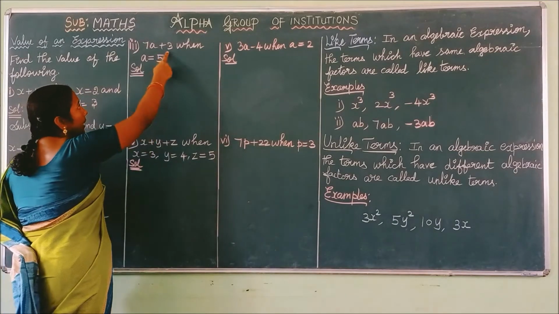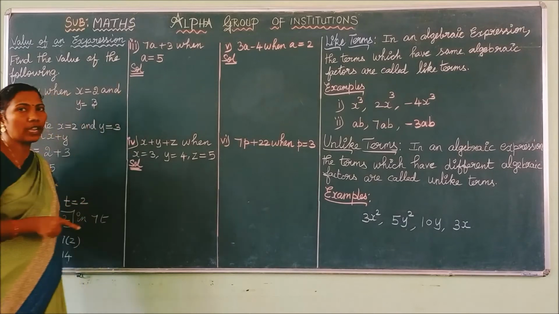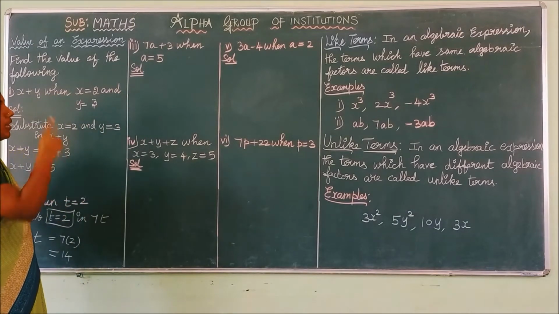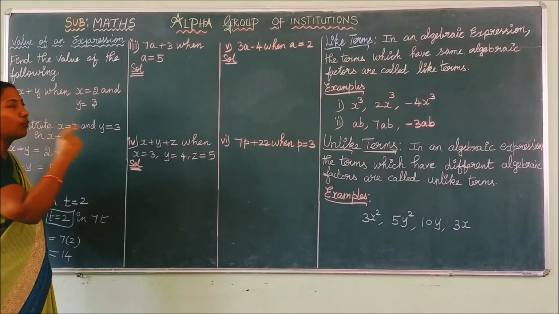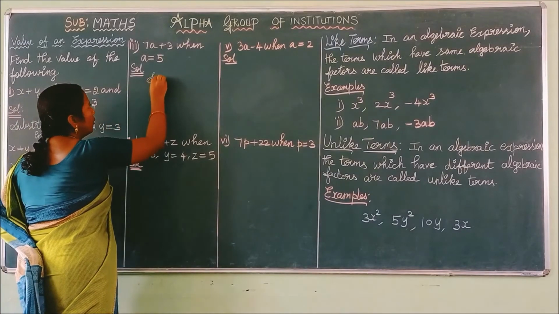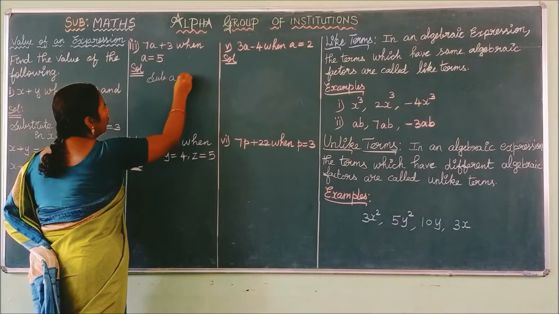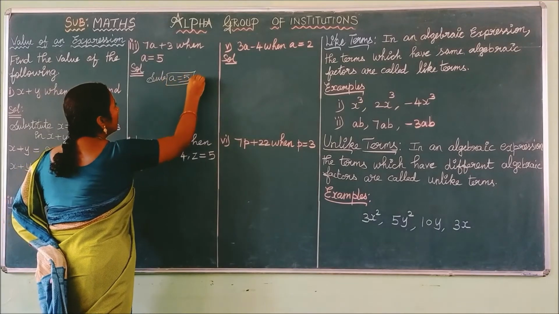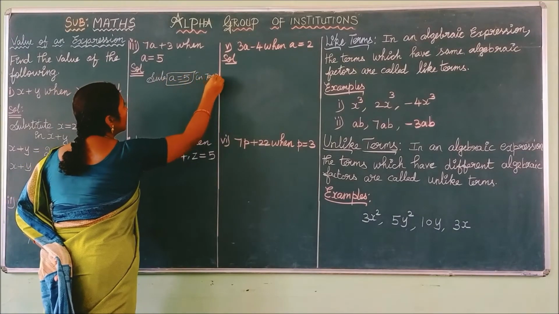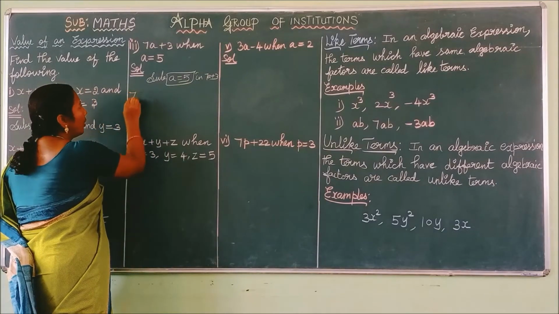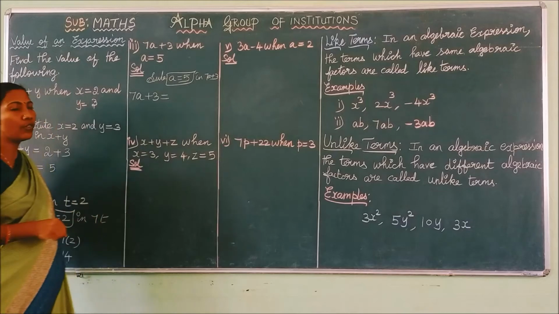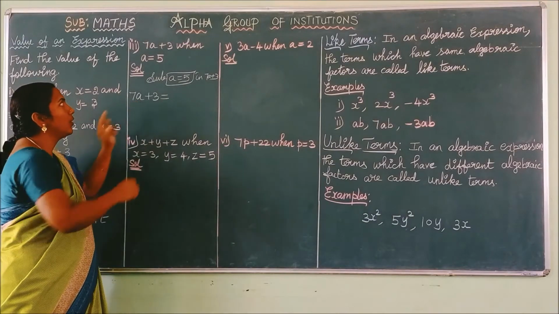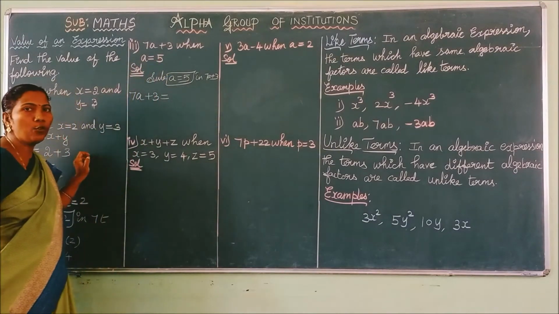7a plus 3 when a equals 5. We have to find the value of the expression 7a plus 3 when a equals 5. So you have to substitute a equals 5 in 7a plus 3. So 7a plus 3 is equal to, listen carefully, instead of a you substitute its given value 5.